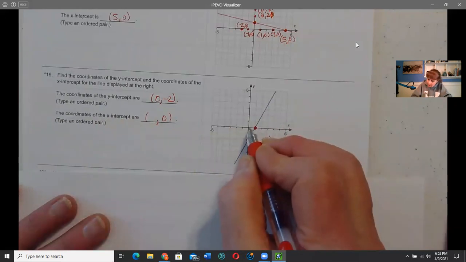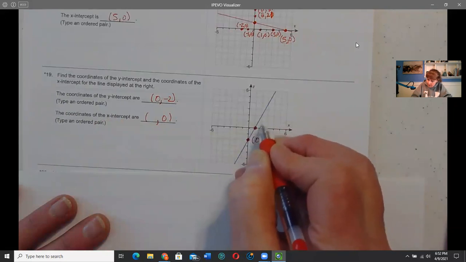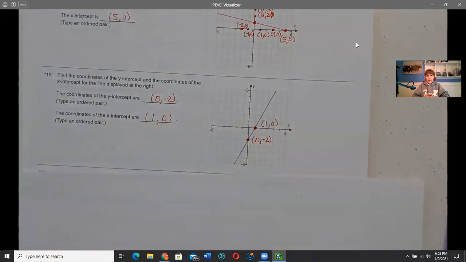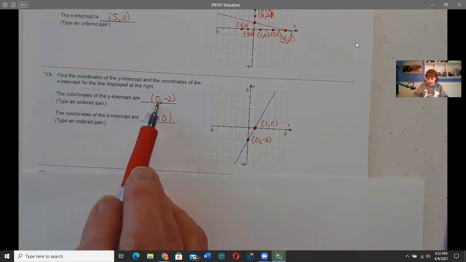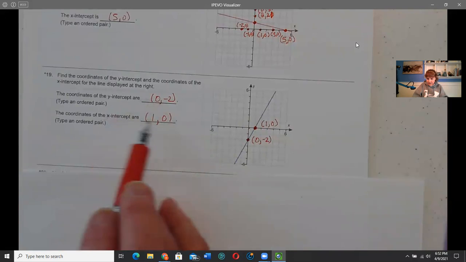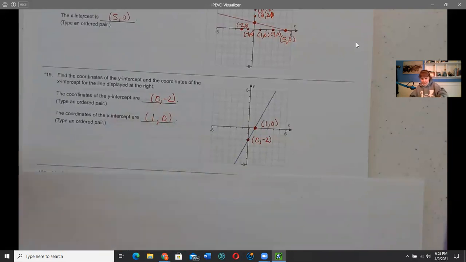Well, this is the ordered pair 1, but you're not going up any. So it's 1, 0. So they're going to ask you to find the x and y-intercepts given the graph. And again, you just look at it and find those coordinates. Remember that the x coordinate is 0 when you're finding the y-intercept. The x-intercept, the y is 0. And have the opposite. Okay.